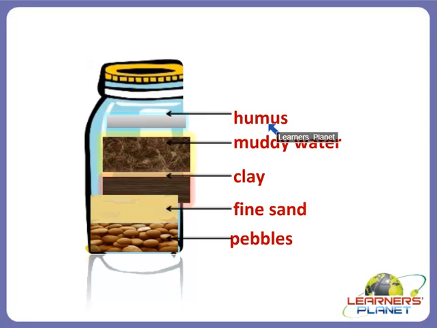Children, always remember, humus is the only topmost layer of soil which helps to hold water and provide nutrients for the soil. So children, humus is the only layer which makes the soil fertile, so that different kinds of plants can grow on the soil.